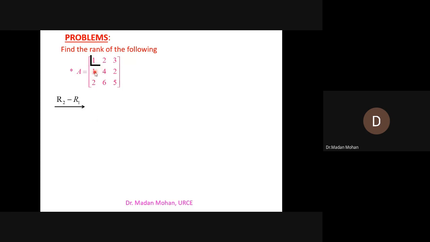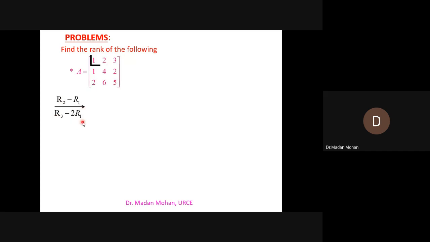Now to get 0 here, please tell me R3 minus what? 2 or 1? Very good. R3 minus 2 R1.